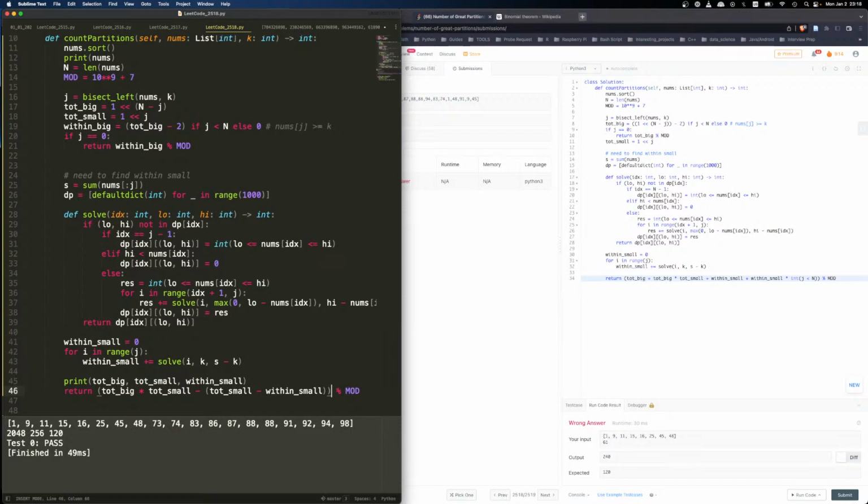I mean, within big is just total big minus 2, if we can do that. So that will be total small times total big minus 2 times the total small.